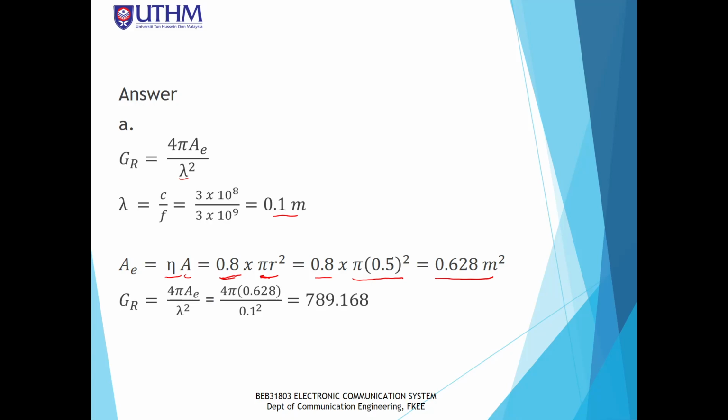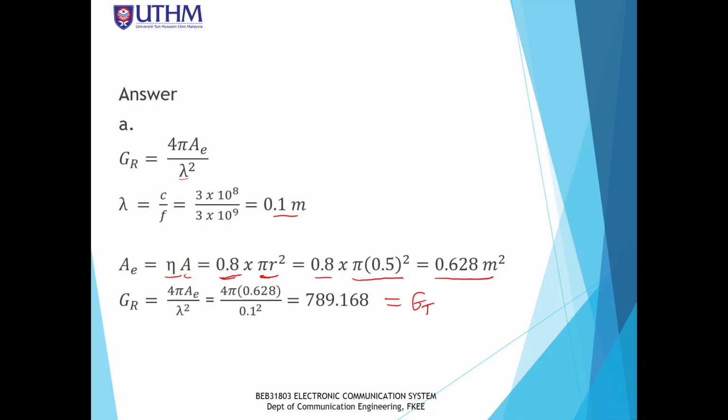Put inside the equation, so you can find GR. GR equals 4 pi AE over lambda square, so 4 pi multiplied with 0.628 divided by 0.1 square. So we get 789.168. This is also the same as GT, because GT and GR are the same in this example.